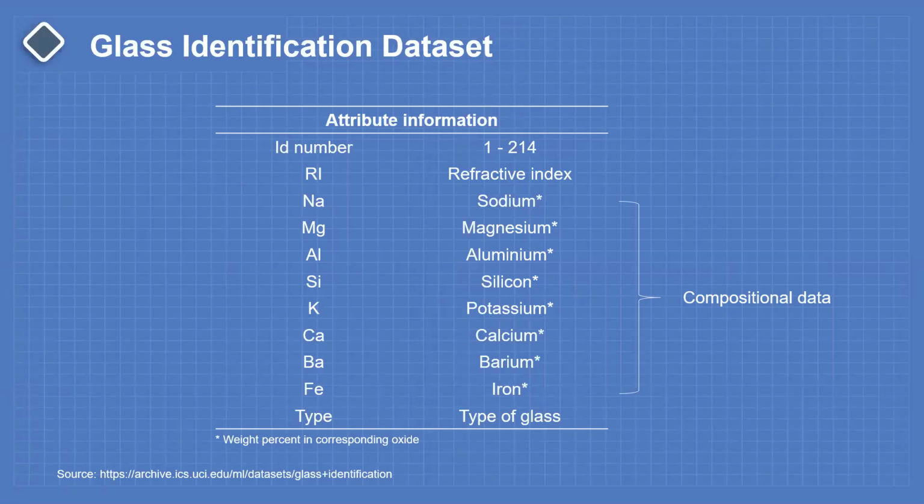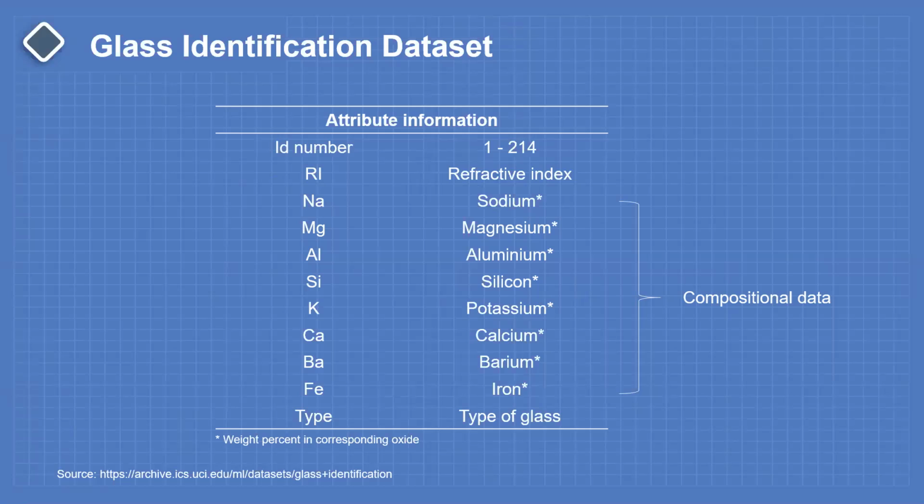The second attribute is the refractive index of the glass. The third to the tenth attributes are the weight percents of chemical compositions of the glass, corresponding to oxides. These 8 attributes are compositional data, where the sum of these 8 attributes for each observation should be approximately equal to 100.